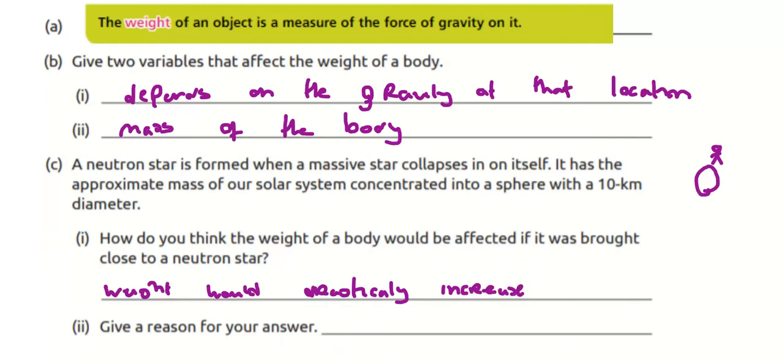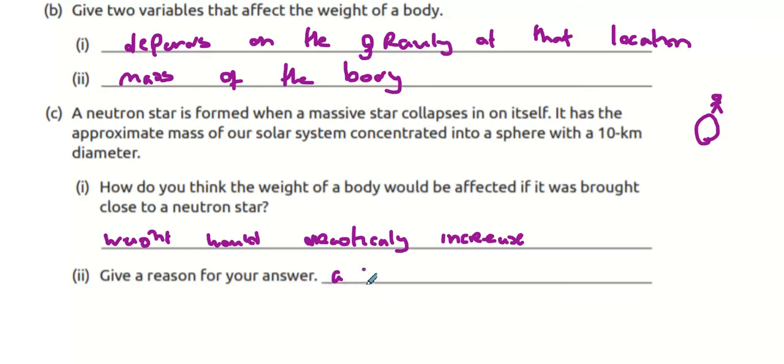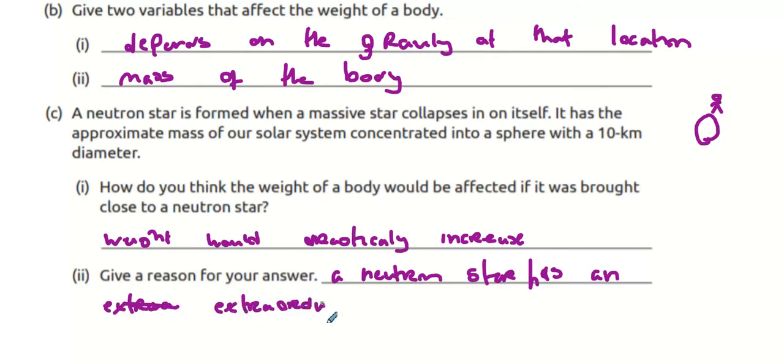Give a reason for your answer. A neutron star has an extraordinary amount of mass in a concentrated sphere.